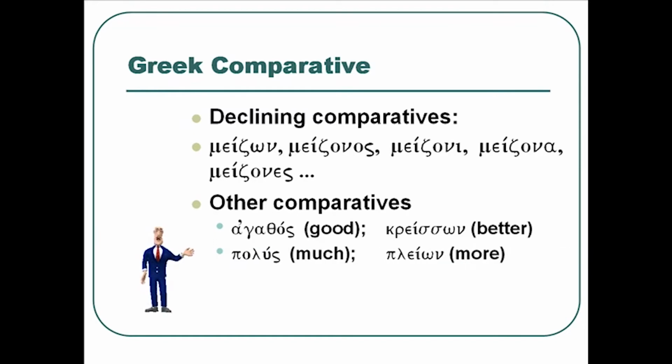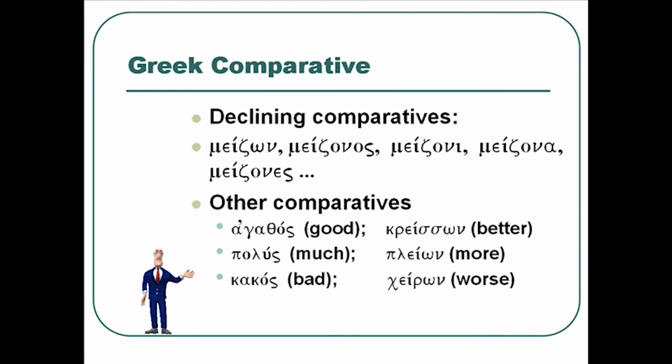Polus, much or many, becomes pleion, more. And kakos, which means bad, becomes kheiron, worse. And so you can see the omega nu ending kind of adds a comparative element to the root adjective here.